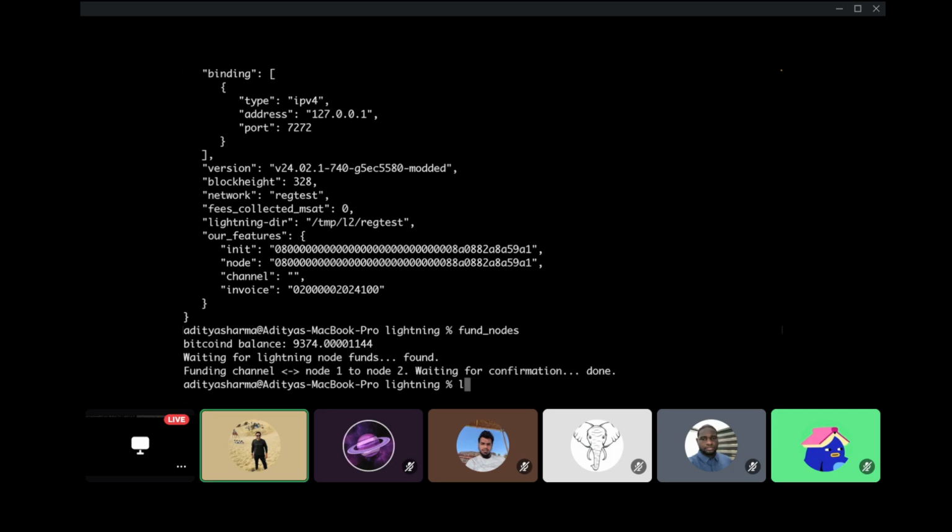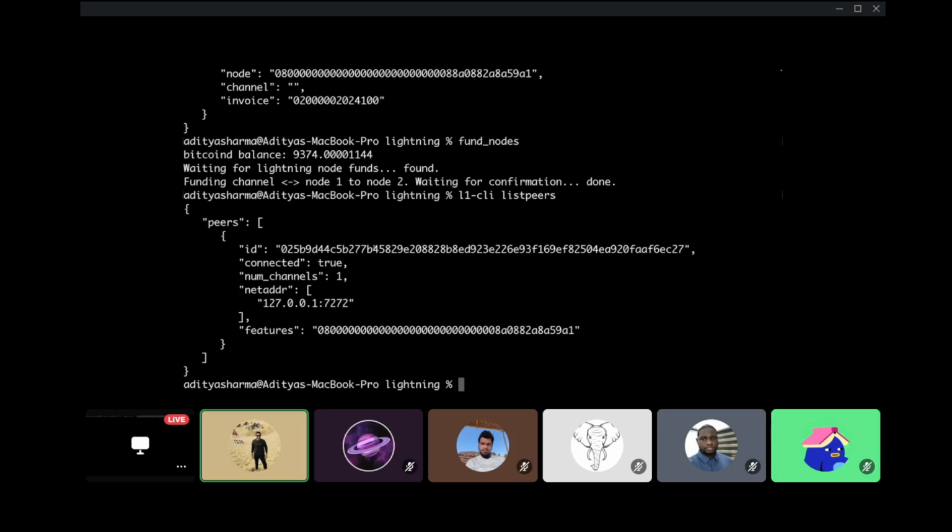Now if I run l1-cli listpeers, we'll see this is the peer ID of L2. So L1 has a peer which has this node ID, and it is connected to it right now. Number of channels, we have one. We can have multiple channels between two nodes, 1, 2, 3, 4, whatever you want. So right now we have one channel between L1 and L2.